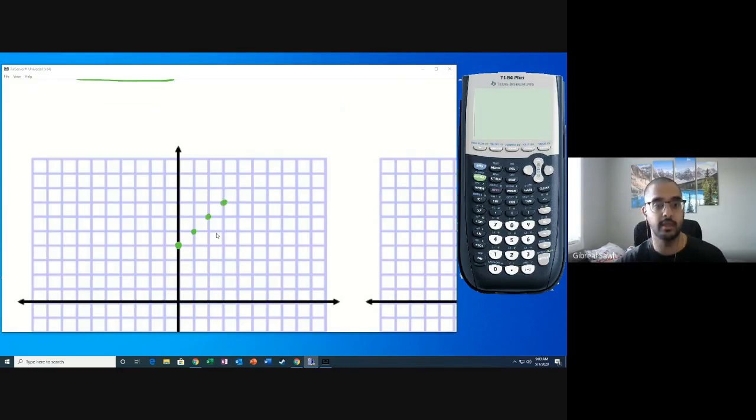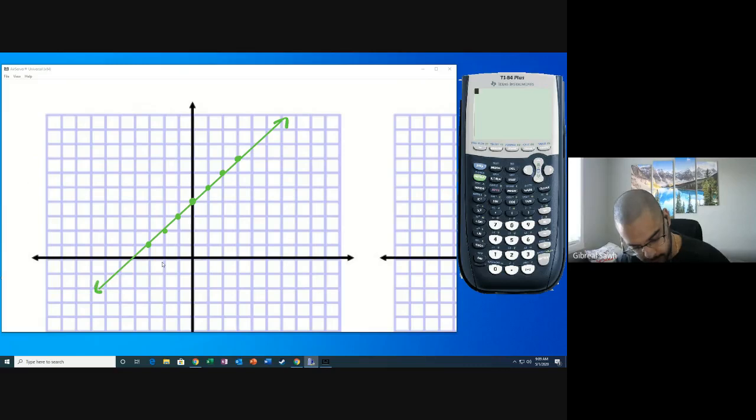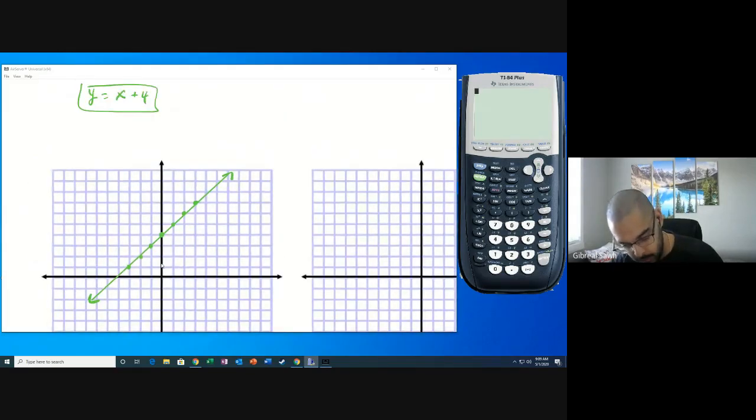Now, if you go both in the negative direction, down and left, you're going to end up on the same linear path. Okay, so there's my line. It is a line, so it does need arrows. Now, again, you can label that also, so y equals x plus 4.